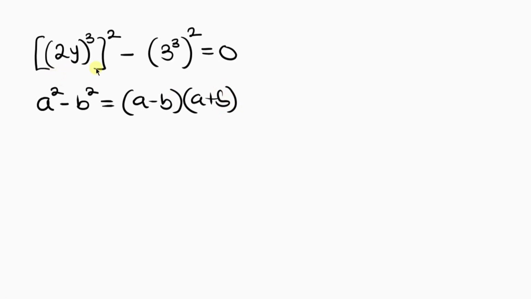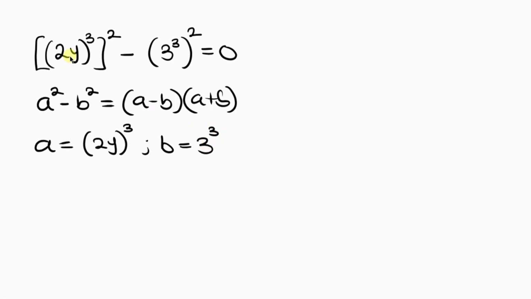Now we're going to be writing this in this form. Now notice that a is in the form of 2y all raised to the 3, and then our b is in the form of 3 to the 3.